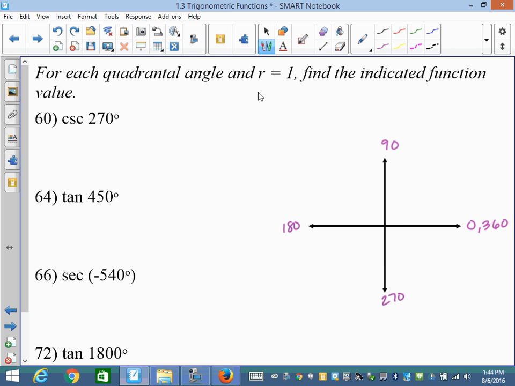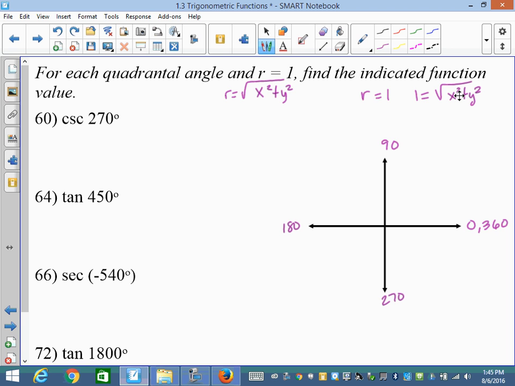So I want to remind you that if r equals the square root of x squared plus y squared, and r equals 1, then we have 1 equals the square root of x squared plus y squared. To get 1, the only way is if one of these is 1 and the other one is 0, since we're adding.